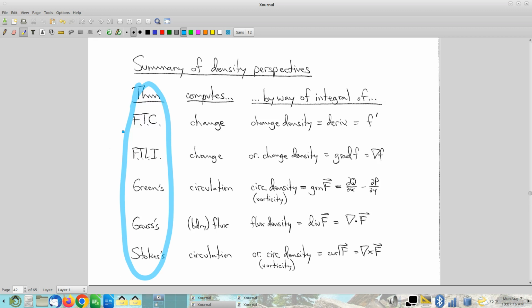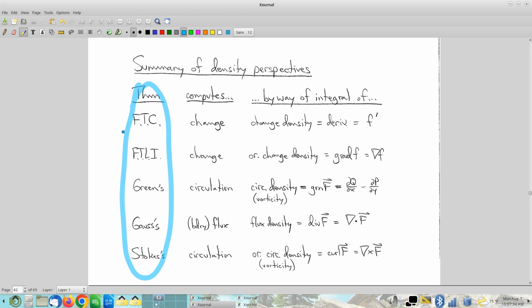That's kind of cool. I also sometimes call these density theorems, because the integrand of the resulting integral is always something that can be interpreted as a density. So pick your favorite.